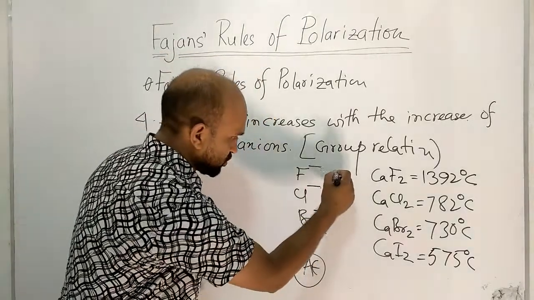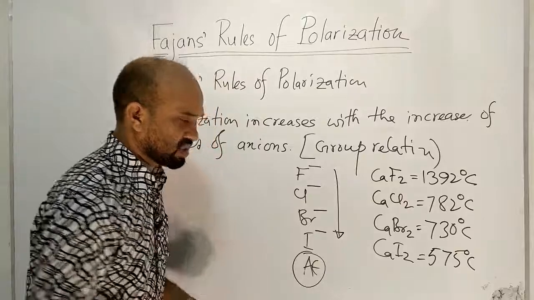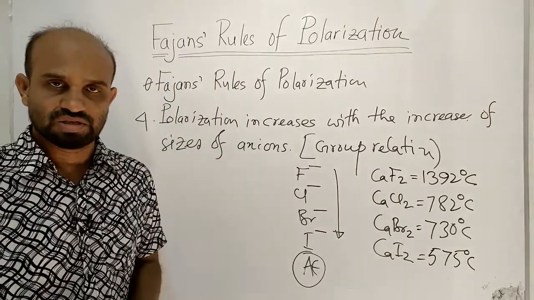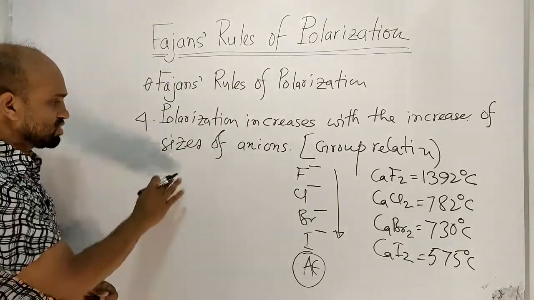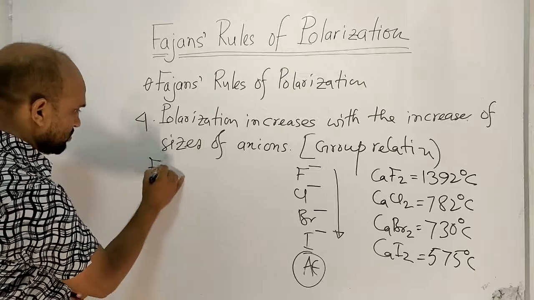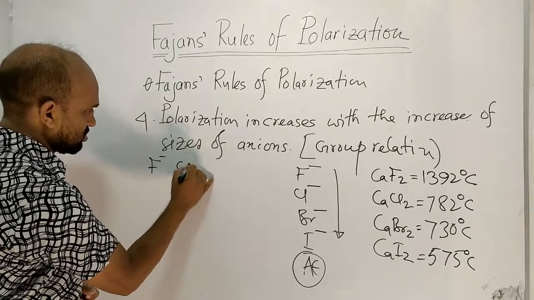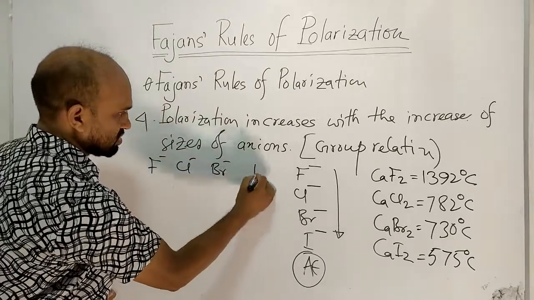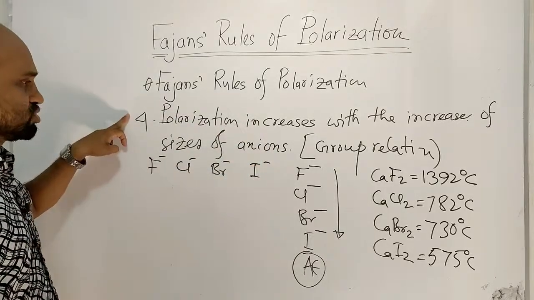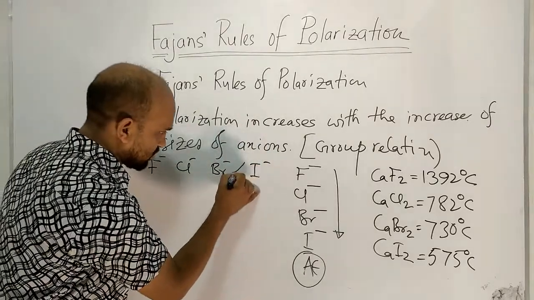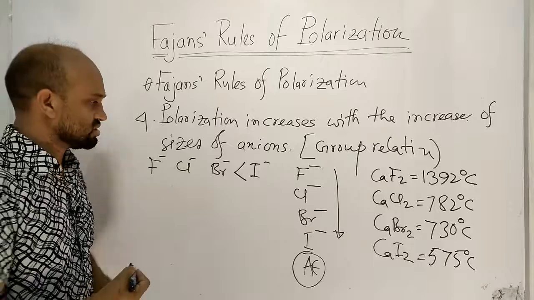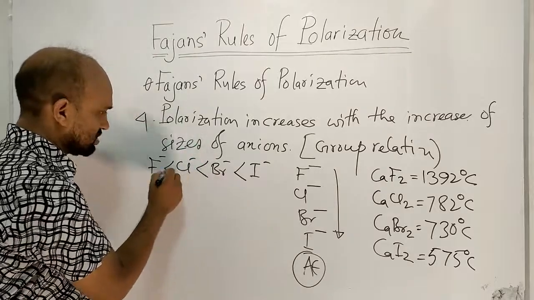But from top to bottom, the sizes of anions increase. So according to this rule, fluoride, chloride, bromide, iodide, here polarization increases, then here, then here.